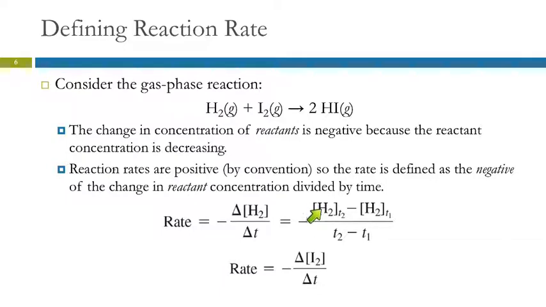This would be the hydrogen concentration at T2 minus the hydrogen concentration at T1. Since this is larger than that, this quantity up here is going to be a negative number. T2 minus T1 is always going to be positive, and so this negative gives us a positive quantity for the rate. We could also express the rate in terms of the concentration of the other reactant. Any questions?